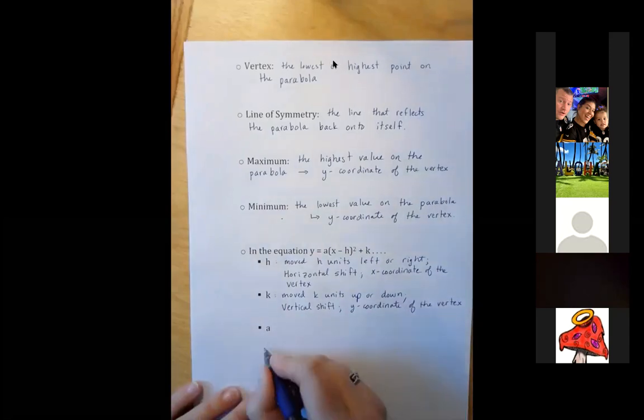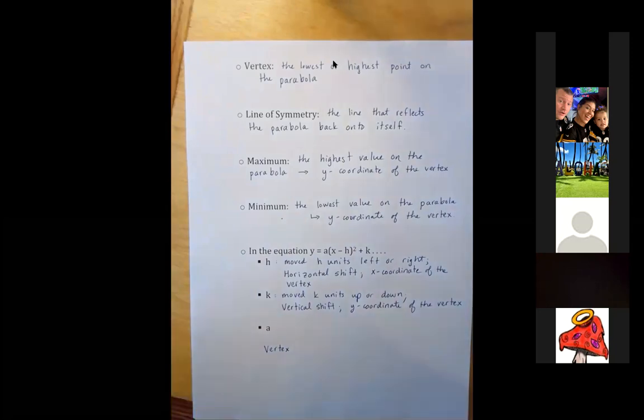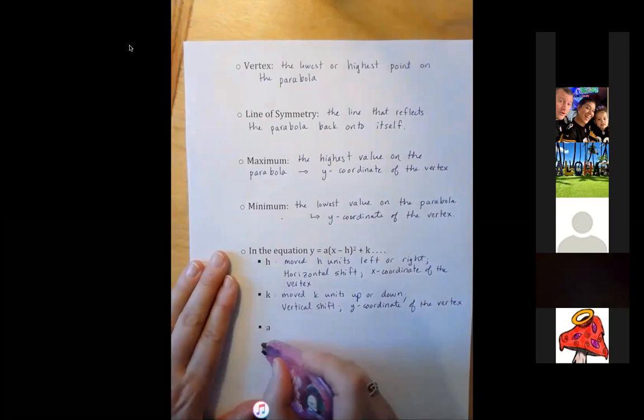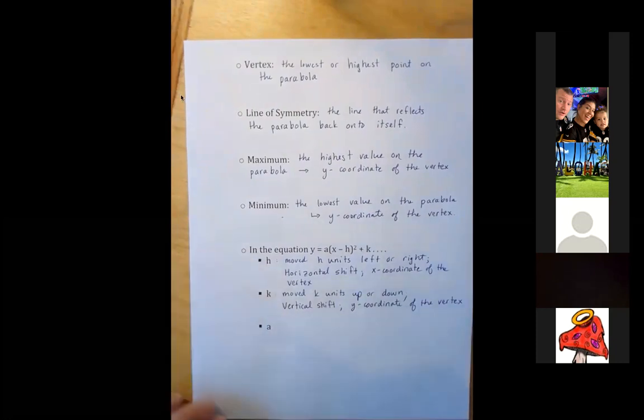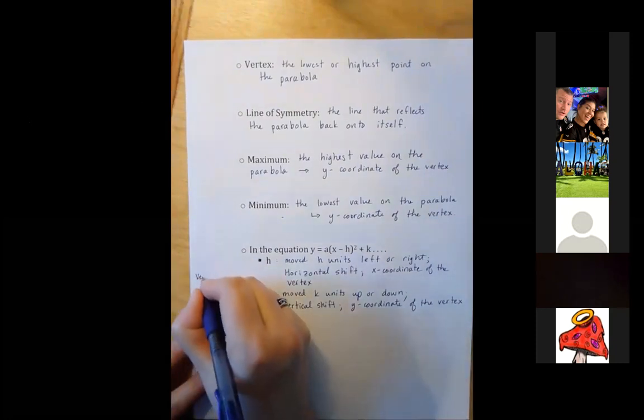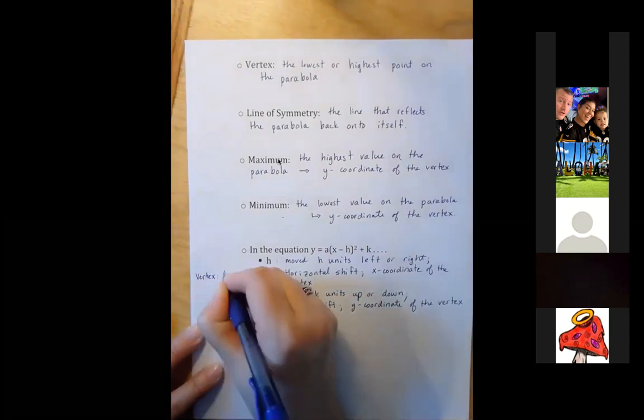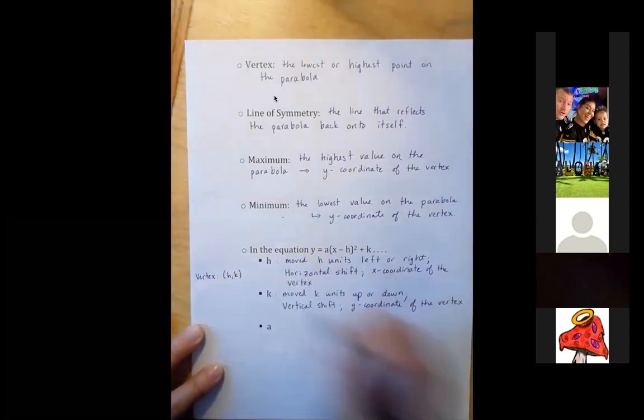Which means I now can say that the vertex, oops, I actually don't want to fill in that particular space because there's a lot of information that the A gives us. So let's actually write the fact that the vertex is the point H, comma, K.